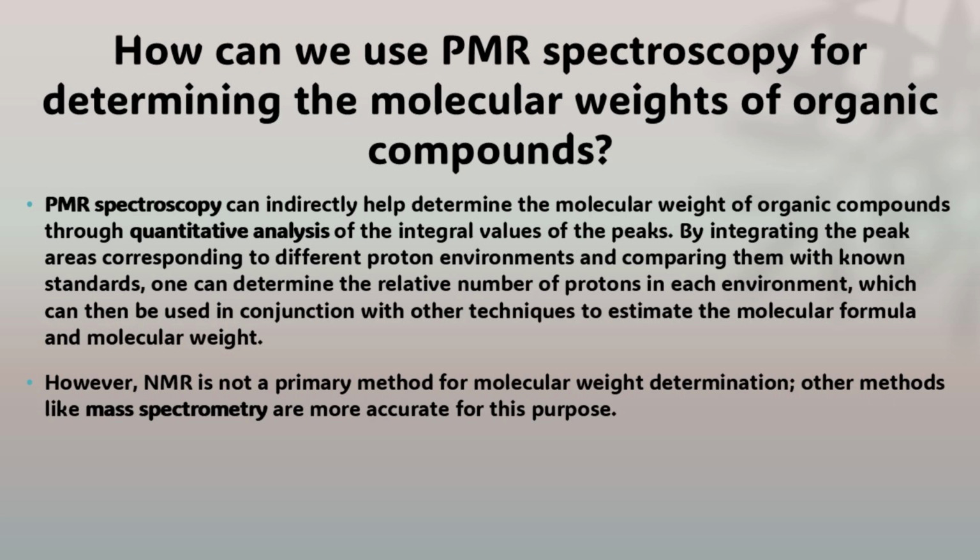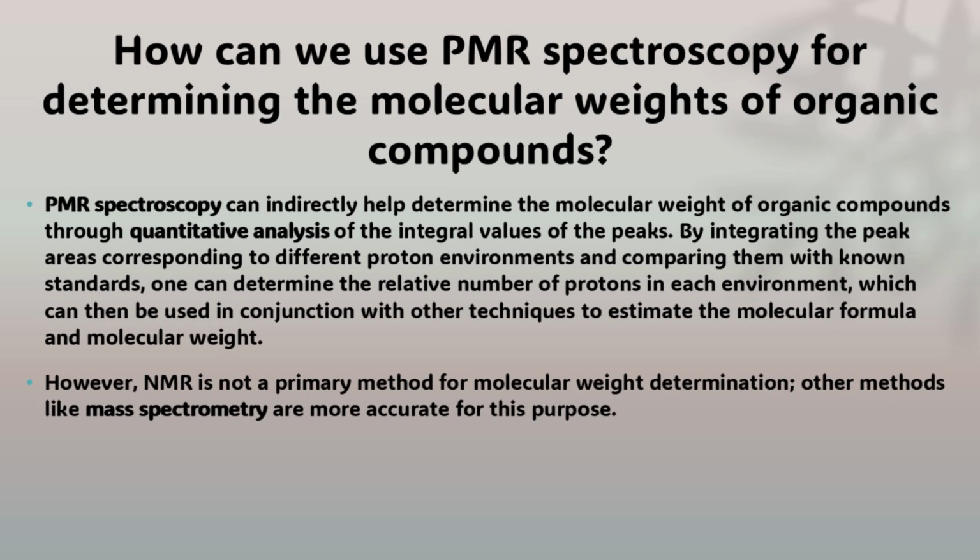By integrating the peak areas corresponding to different proton environments and comparing them with known standards, one can determine the relative number of protons in each environment, which can then be used in conjunction with other techniques to estimate the molecular formula and molecular weight.